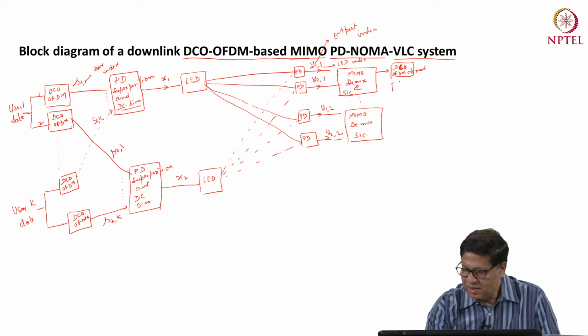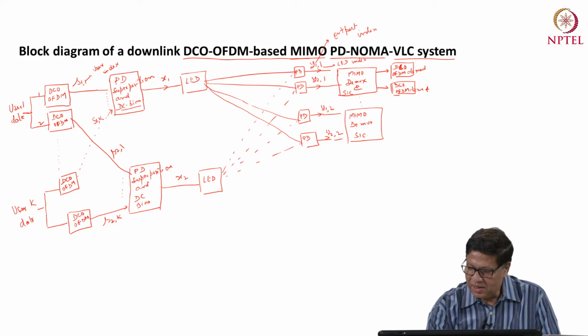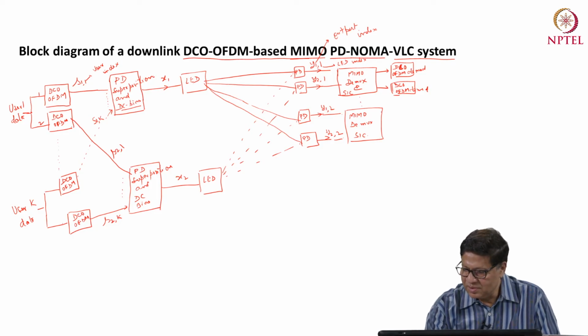And similarly, for the other streams, DCO-OFDM demod. And similarly, you can do for this user. There will be one more block here, and then there are many here in between.